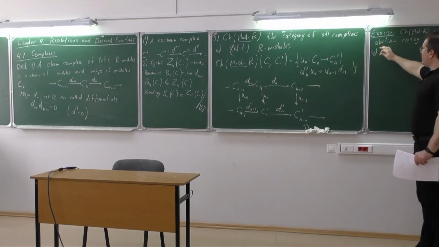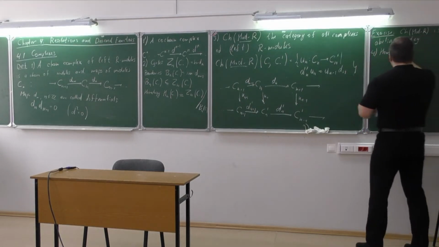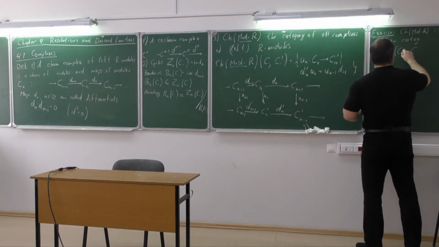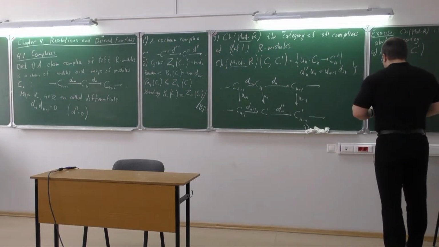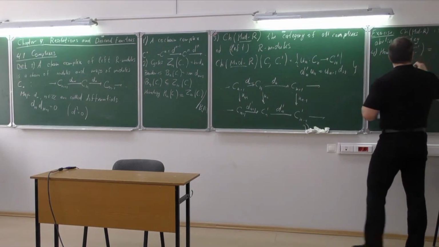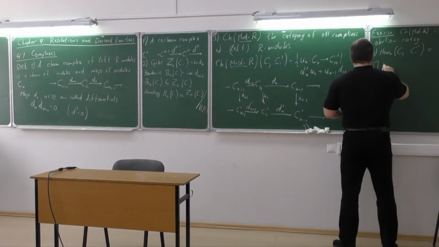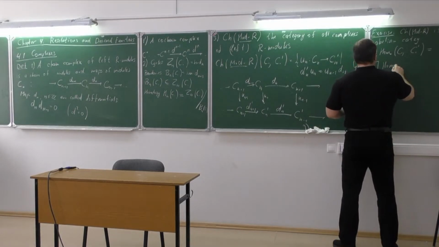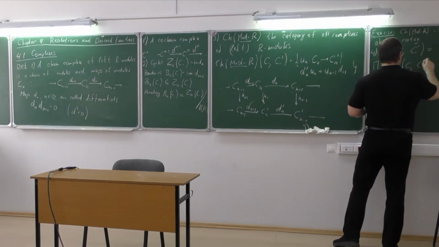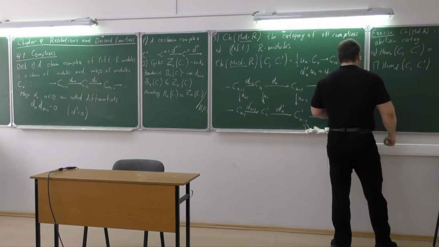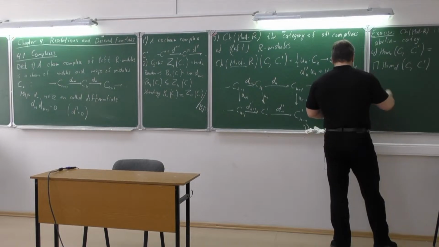as this indicates that this Hom is another complex between two complexes, C with the bullet and C prime with the bullet. And this is by definition a product of the Hom^d(C, C prime). So Hom^d stands for the maps of complexes of degree d.